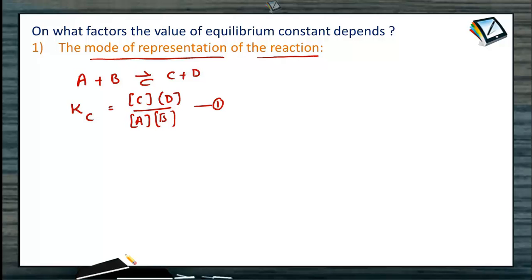Now let this same system be allowed to proceed in the reverse direction. That is, the substance C is allowed to react with D to give A and B. This system is the reverse of A plus B giving C plus D.